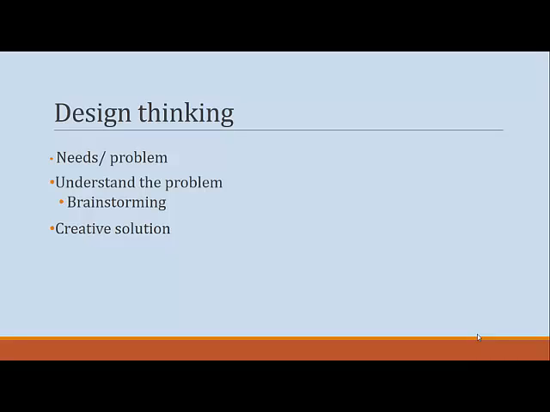So in order to understand that problem, design thinking is used to brainstorm different ideas which can be combined in order to create the right solution. So it means it's a process that someone takes to think critically about the problem, to identify the problem, and you can't solve the problem without understanding the right problem and the root causes of the problem.